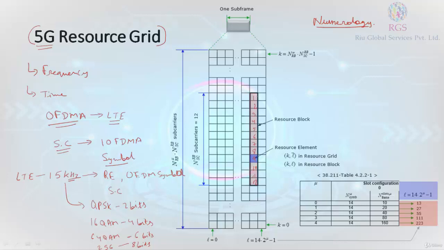So these 12, every one of them is actually one OFDM symbol or resource element or subcarrier, right? So a dozen of resource elements put together is called one resource block.